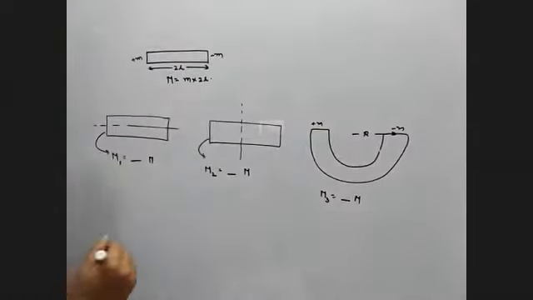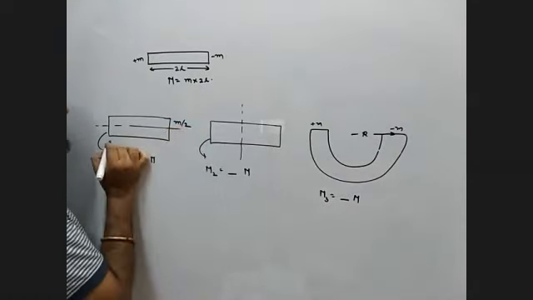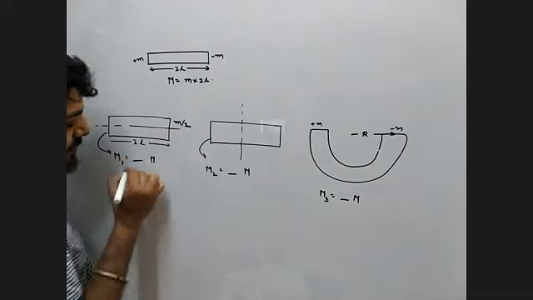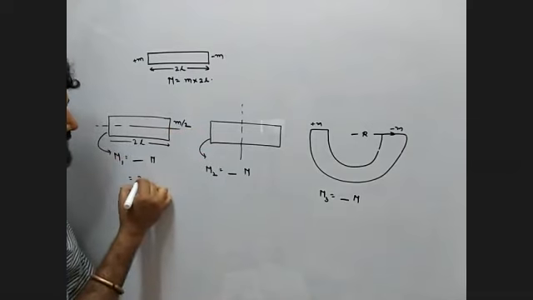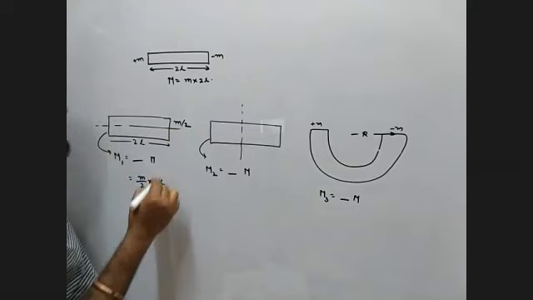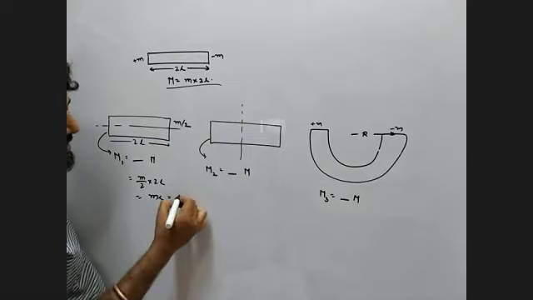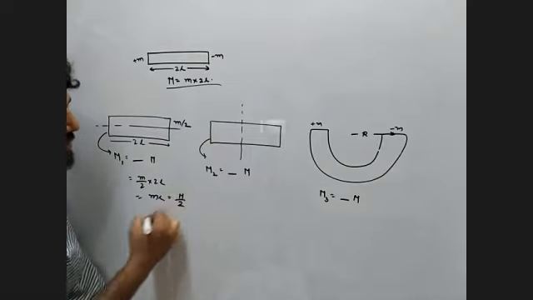Look, for the first one, obviously your pole strength is M by 2, but the length is 2L. So your magnetic moment is M by 2 into 2L, that is ML, and here capital M is M into 2L. So obviously this is capital M by 2.